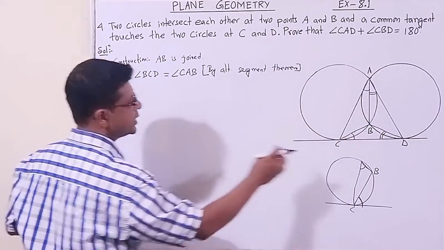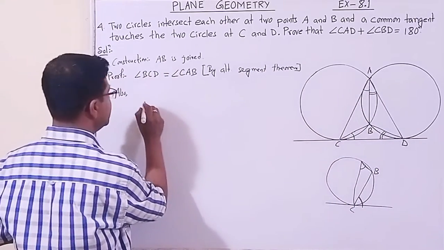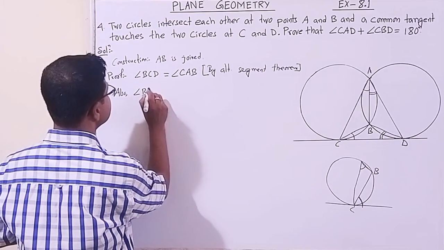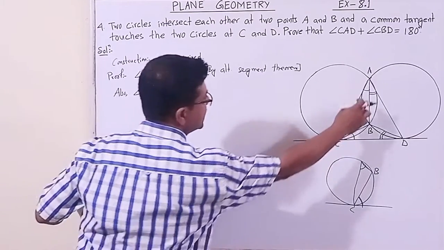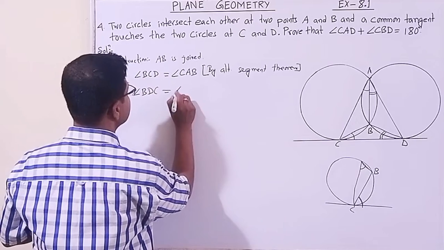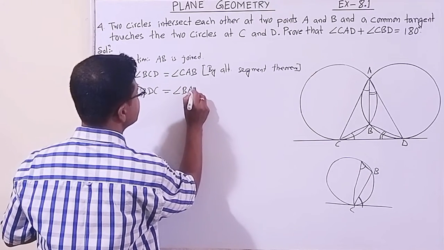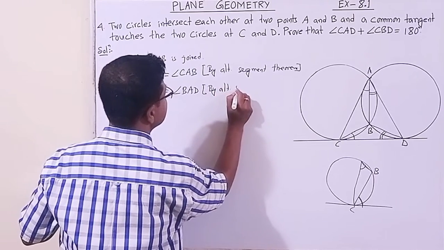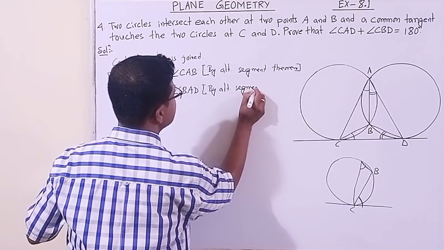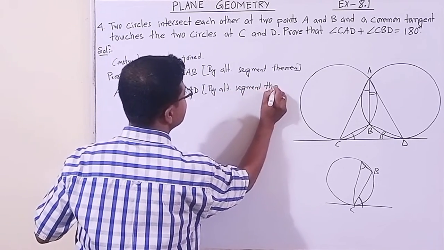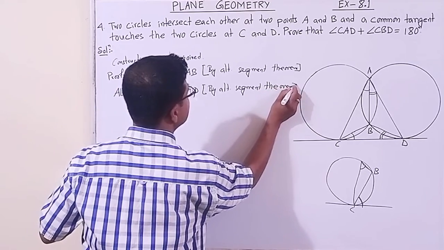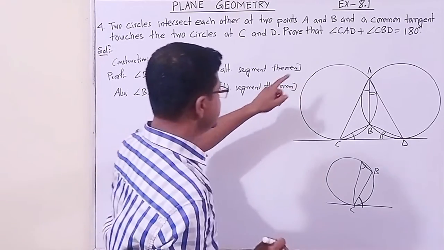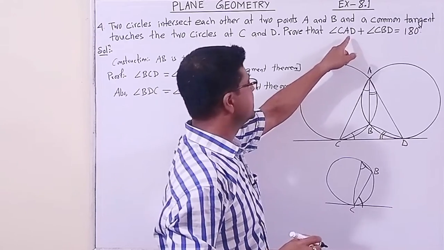What is the name of this angle? Angle BDC. Angle BDC is equal to angle BAD. Reason is the same, by alternate segment theorem.